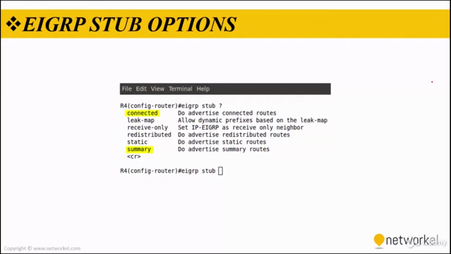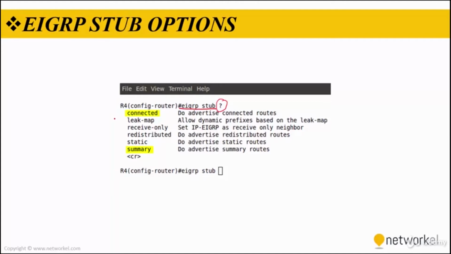And here are the STUB options. When we type EIGRP STUB, we can configure the STUB configuration like this. In the config router mode, in the EIGRP mode, we need to type EIGRP STUB, and when we type the question mark, we can see the EIGRP STUB options.